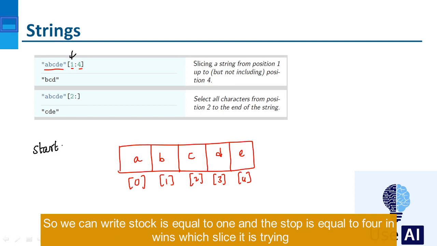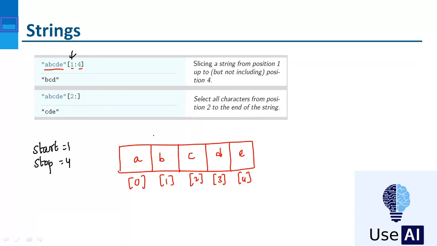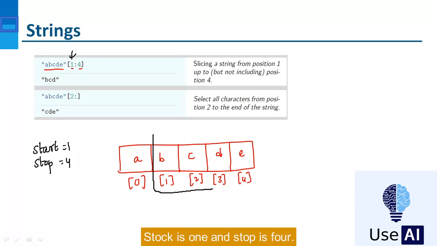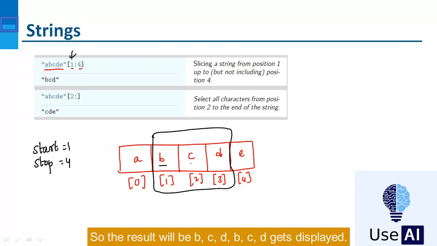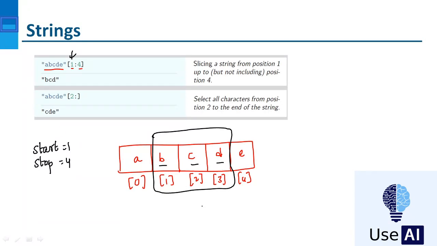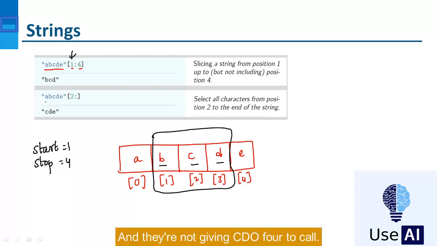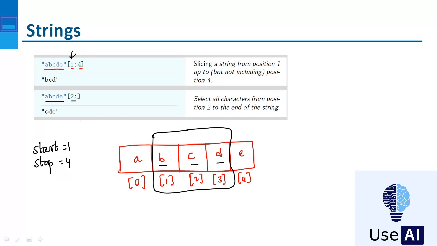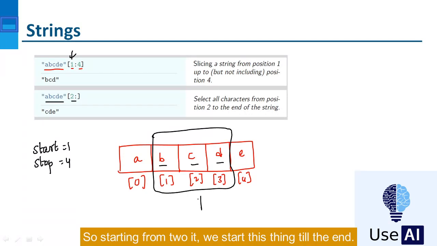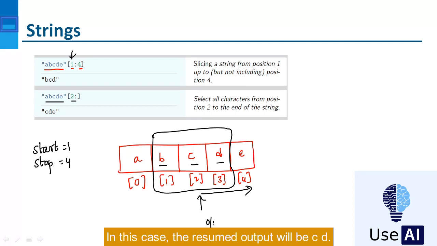So we can write start is equal to 1 and the stop is equal to 4. It means which slice it is trying to extract. Start is 1 and stop is 4, so less than 4 it will access. So the result will be BCD. BCD gets displayed. And then ABCD of 2 colon. So starting from 2, it will start displaying till the end. In this case, the output will be CDE.